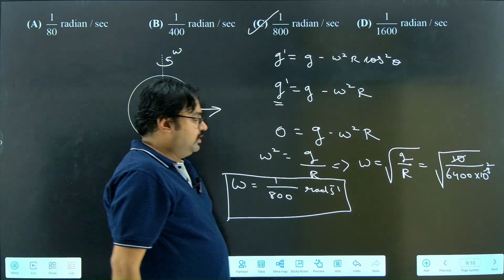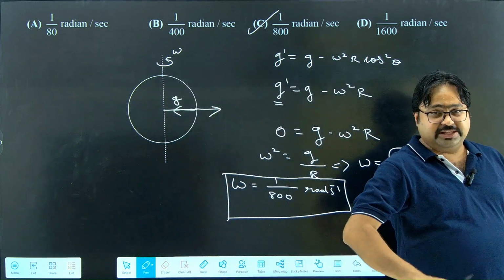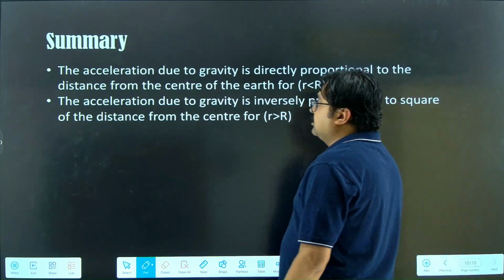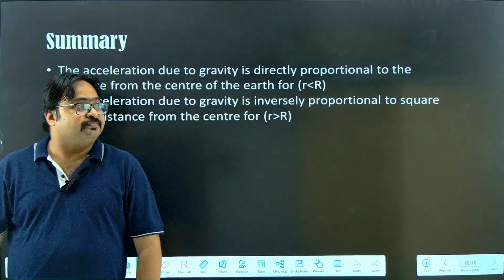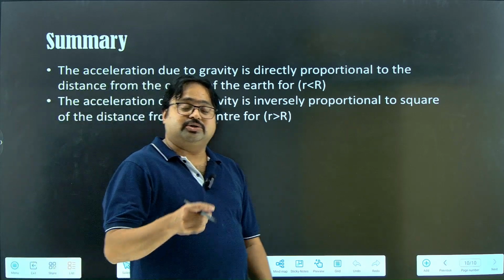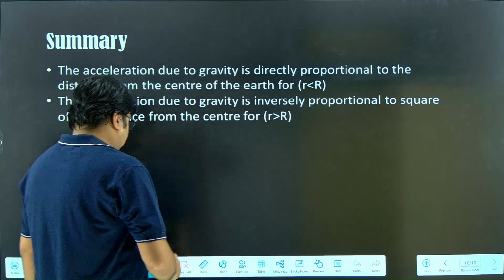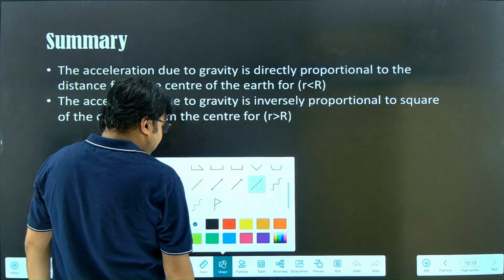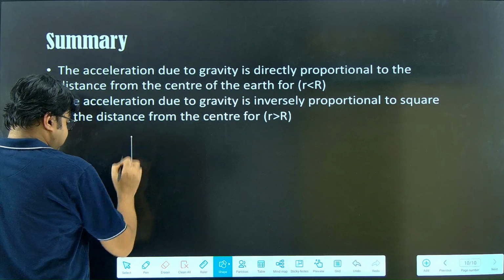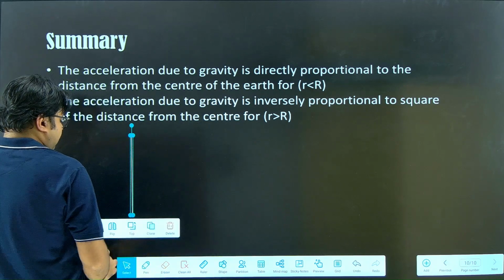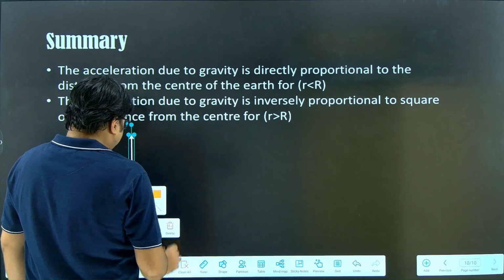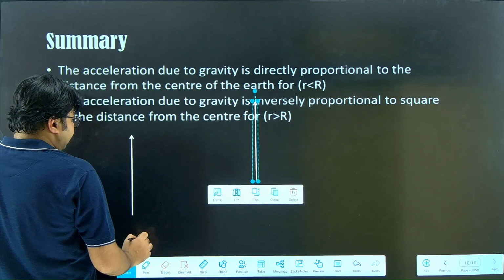Well, to conclude the video, with these questions having solved, let's conclude the video with a quick summary. The acceleration due to gravity is directly proportional to the distance from the center of the earth. So if you simply plot a graph, let's say this is your y-axis, and let me similarly draw the x-axis.